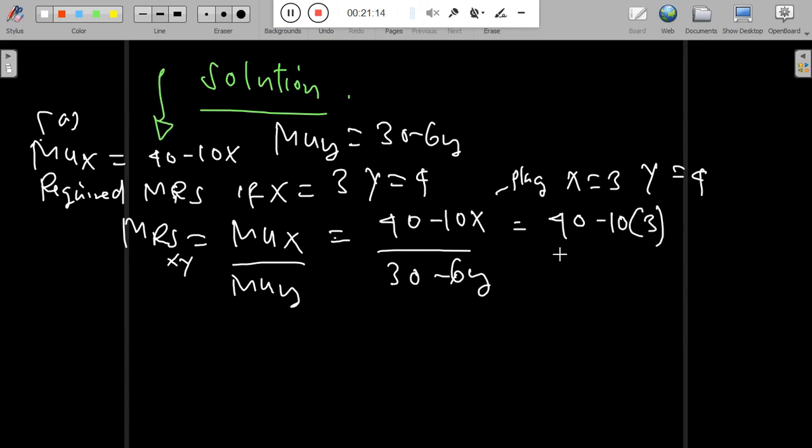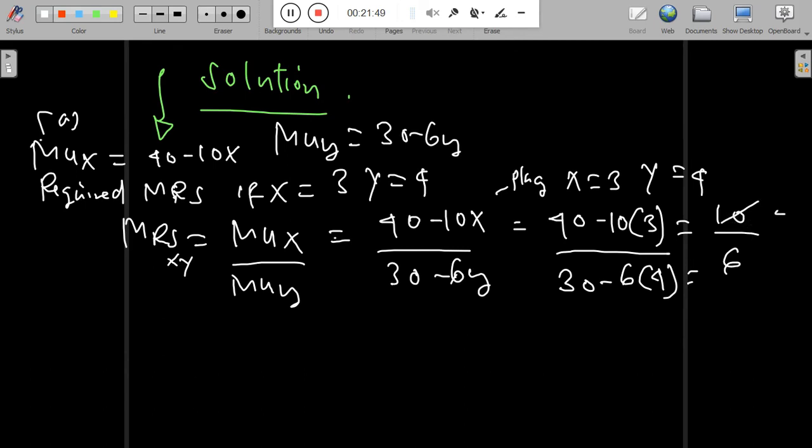So we obtain 40 minus 10 times 3, divided by 30 minus 6 times 4. We take 40, then take 10 times 3, that will give you 40 minus 30, which is equal to 10.